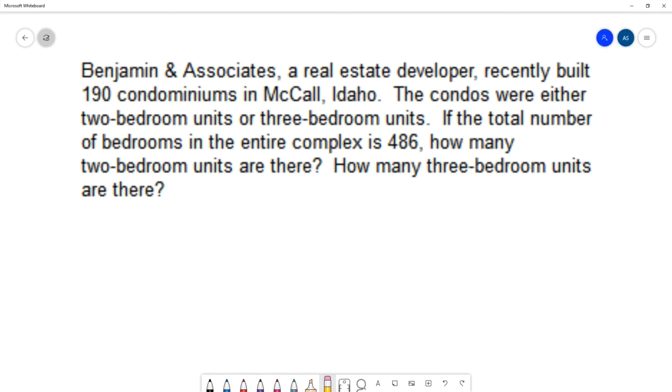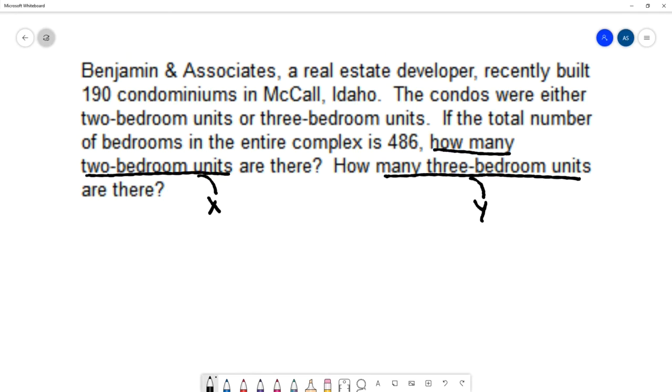So this is an example where we can use a system of linear equations to solve. We're going to let the number of 2-bedroom units be our variable x, and the number of 3-bedroom units be our y.